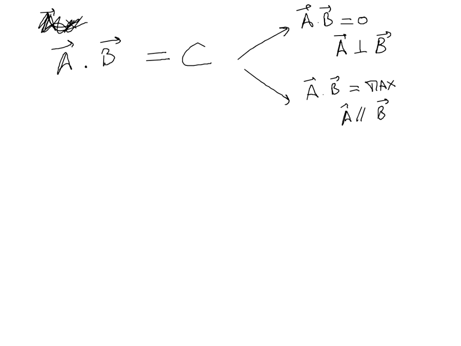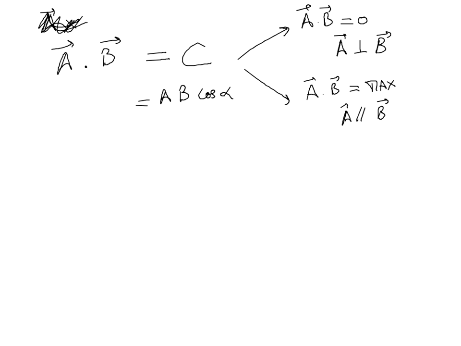If A and B are parallel to one another, but they have opposite direction, same maximum value, but it would have a negative sign. The reason for this is that you can always calculate the dot product by taking magnitude of A times magnitude of B times the cosine between the two.